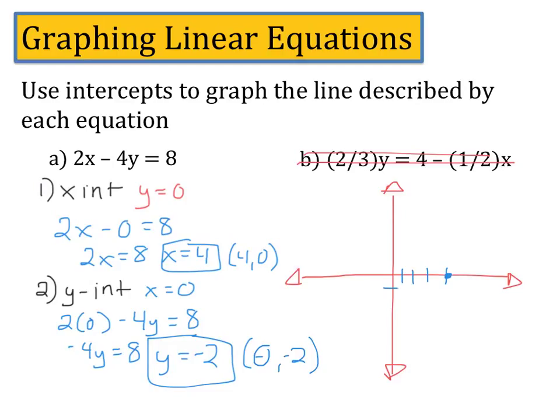And when x equals 0, y equals -2. So we have our other point right here. And now we can just connect our two dots. And there's our line. So we find the x-intercept, find the y-intercept, plot those 2 points, and then draw a line through those 2 points.